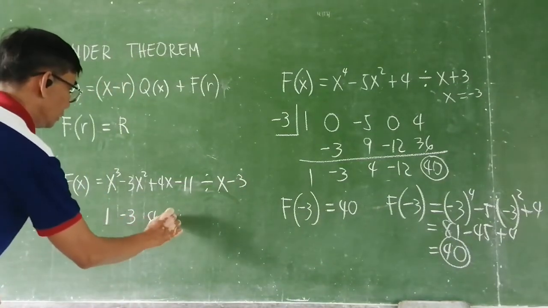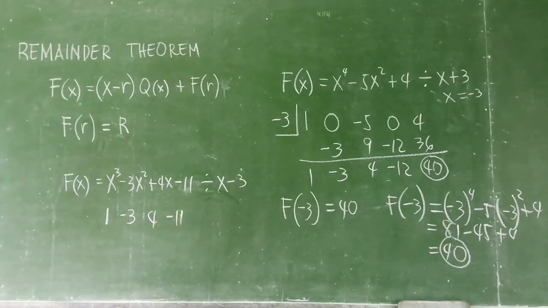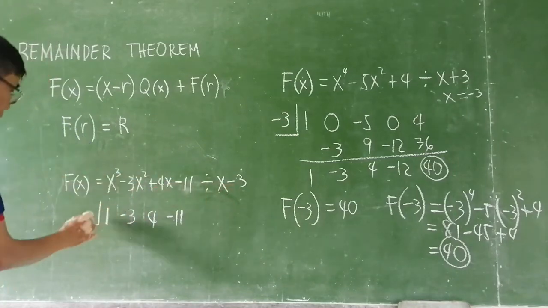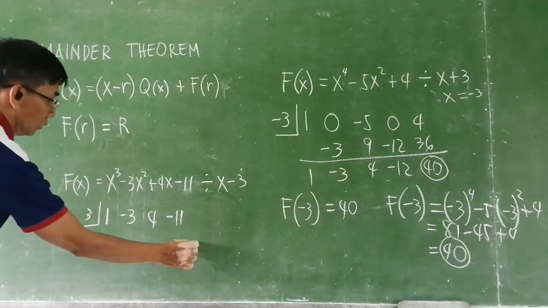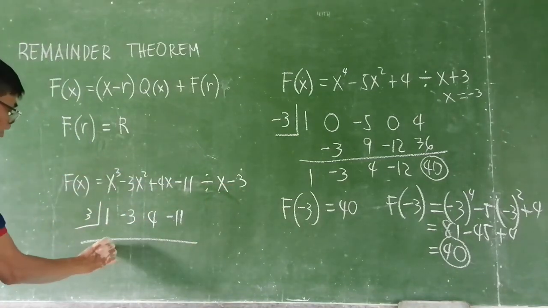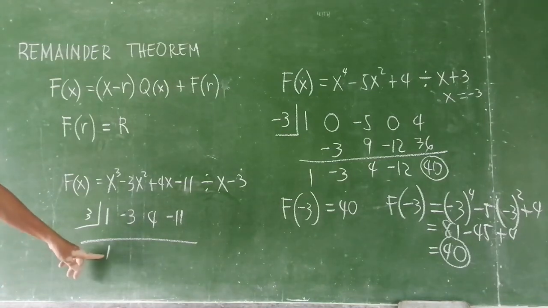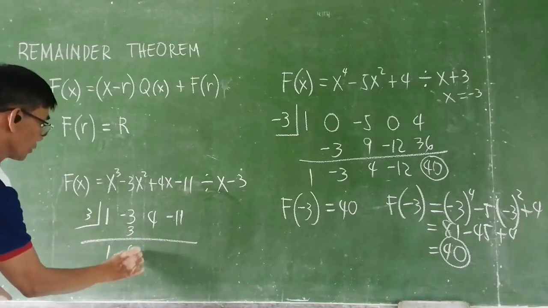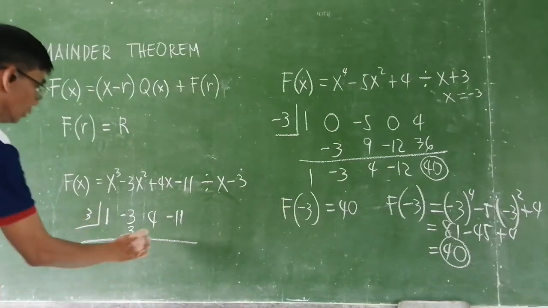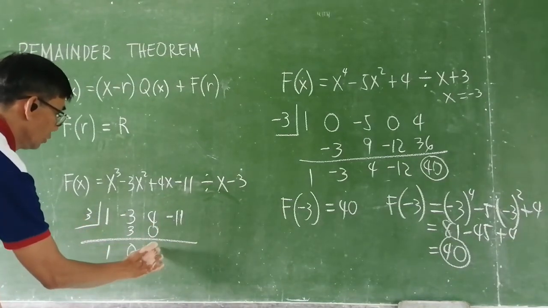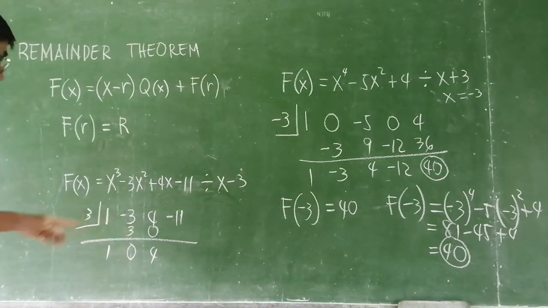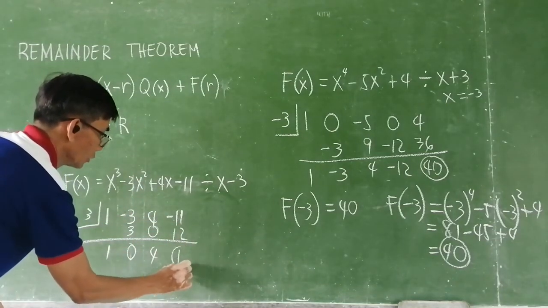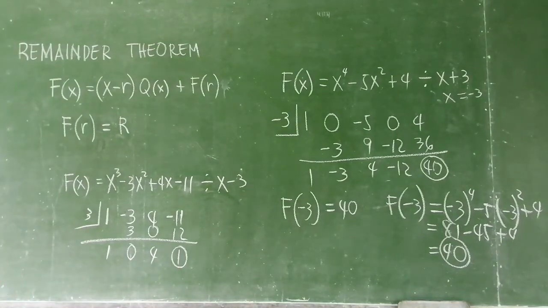So 4, negative 11. So we put our divisor here. That will be 3. And we put a line, bring down the first number there. Multiply is 3. That will be 0. That will be 0 also. 4 times 3 is 12. You add, that will be 1. So this will be your remainder.